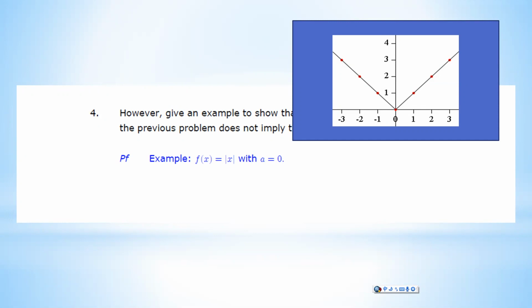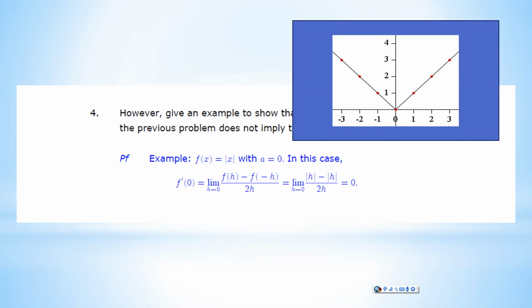However, if you compute the new limit, that limit still exists. Because if you compute f(h) minus f(minus h) divided by 2h, well, here you're choosing a equals 0, so that's why the limit looks like this. And then you can see that f is symmetric. The absolute value of h, okay?